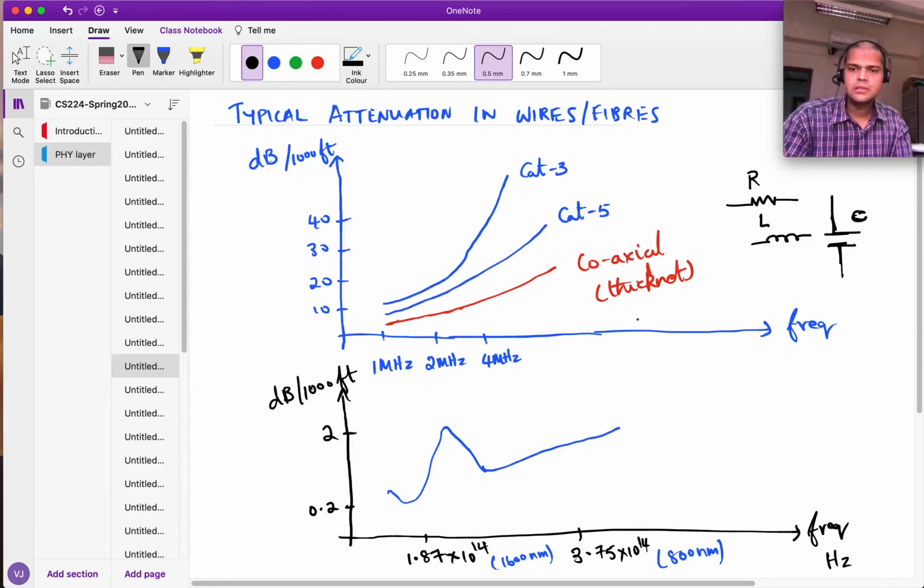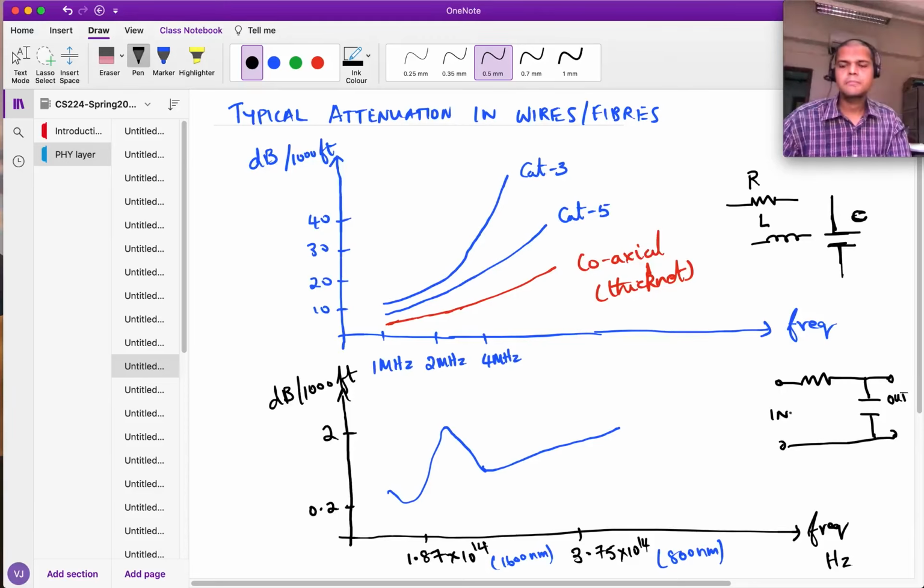Right? So just think of a simple circuit which looks like this: a resistance and a capacitor, right? Something like this. Let's say that this is your input and this is your output. And you can look at what the output is going to be based on the input when you change the frequency, right?